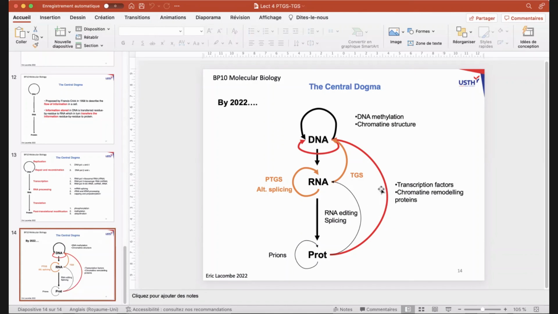Can you repeat the part about the prions? So the prions, we never talked about that, but do you know what it is? They have been found in diseases. You remember this mad cow disease and so on? Basically it's a protein that can be folded in two different ways.